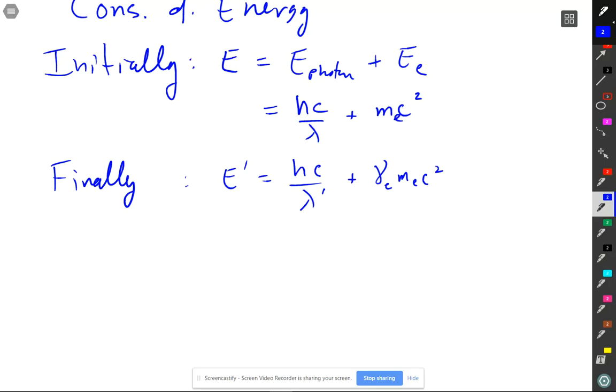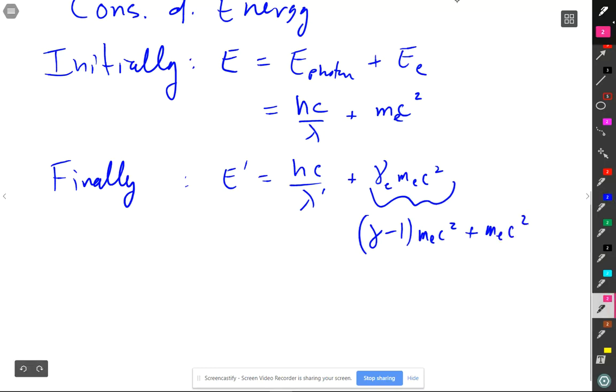But I'm going to simplify things a little bit in that my total energy can be broken down into the kinetic energy plus the rest energy.